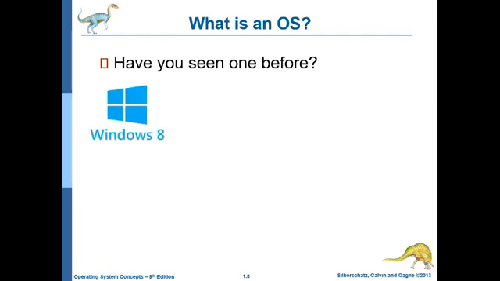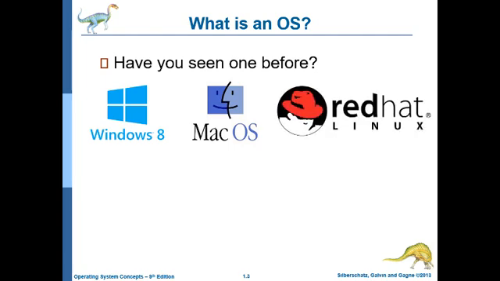So yes, Windows 8, Windows 10, Windows 95, any version of Microsoft Windows, Macintosh, Mac OS. Macintosh is actually the computer, and Mac OS is the operating system that runs those computers. Then you have Linux.